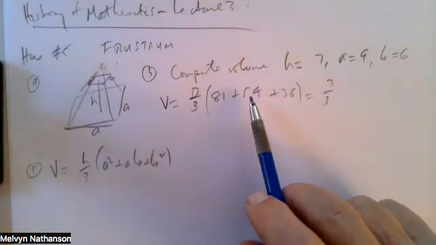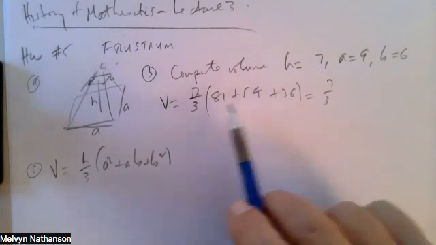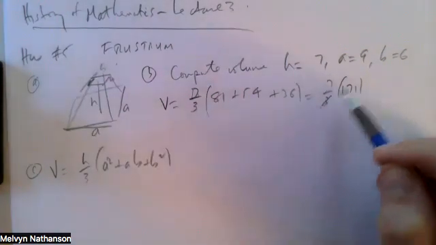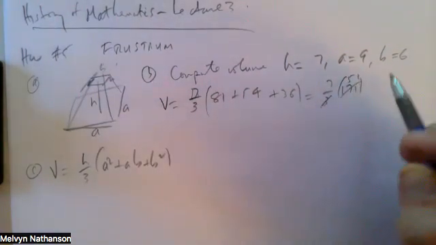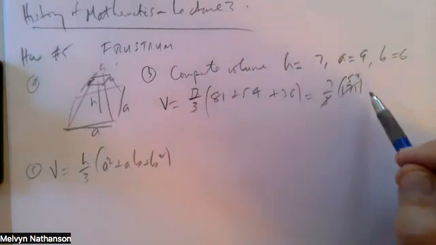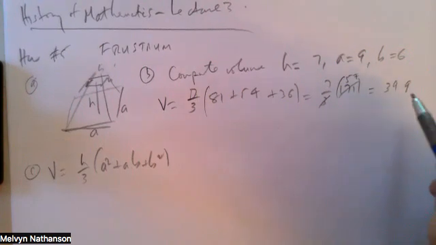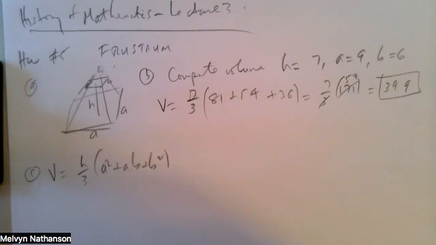If you add this up, 54 plus 36 is 90, plus 81 is 171. 3 divides into 171 57 times, I believe. And 7 times 57 is 399. So that's the volume of this frustum. Is there a question? Question? Okay.